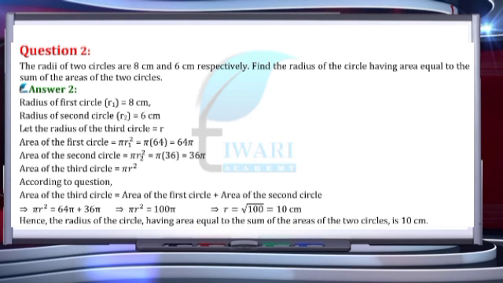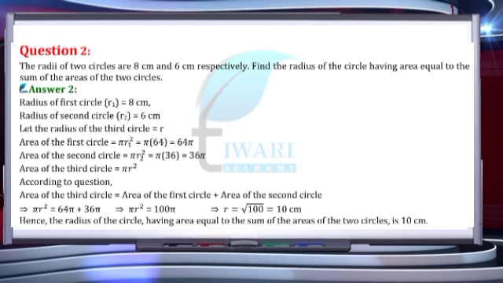Next, question number 2 is: the radii of two circles are 8 cm and 6 cm respectively. Then find the radius of the circle having the area equal to the sum of the areas of the two circles. Students, this question is quite similar to the first question, in which we were given the circumferences. Here the areas are given.